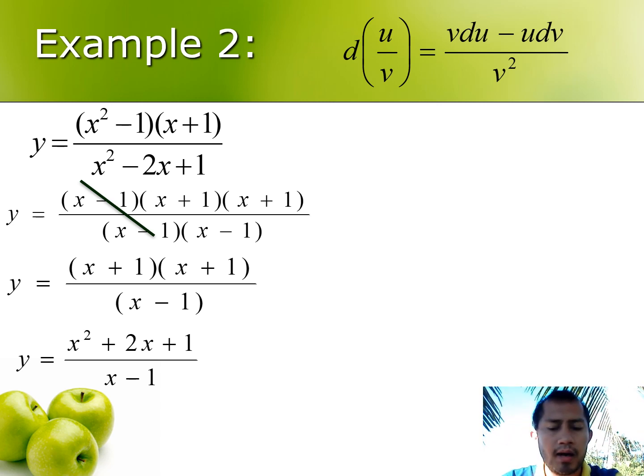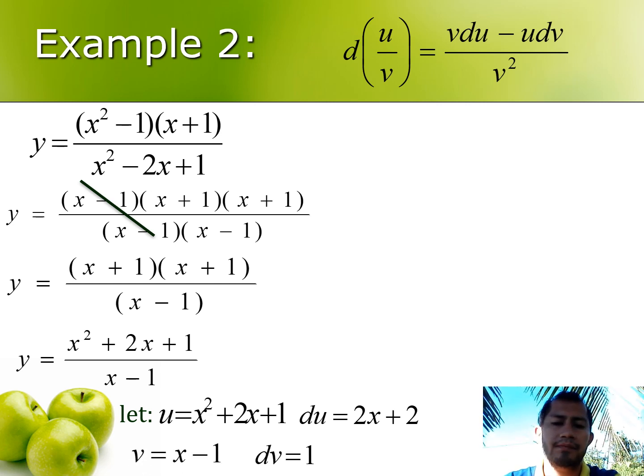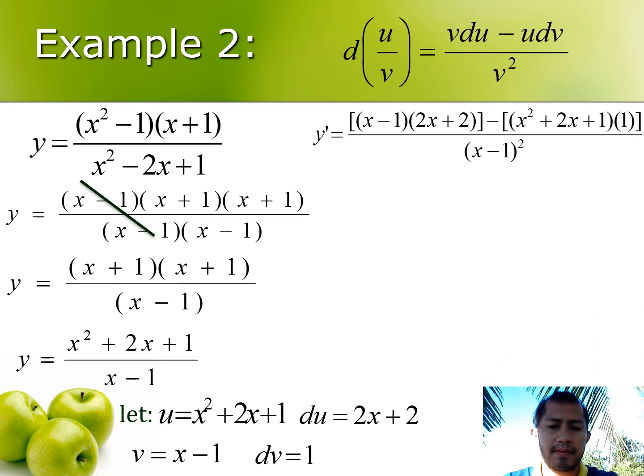Now, since I opted to write it in a non-factored form, where I simplified everything, we let u be equal to x squared plus 2x plus 1, which has a derivative of 2x plus 2, and our v, the denominator, which is x minus 1, which has a derivative of 1. Now, since all the details are complete, we now need to apply the formula and, of course, simplify if it is possible.